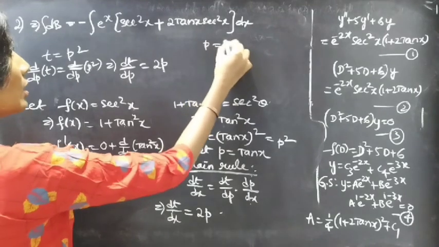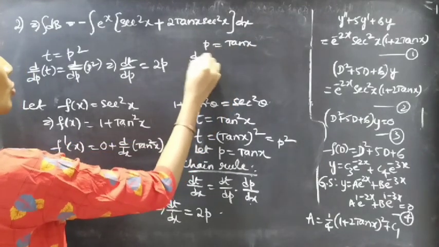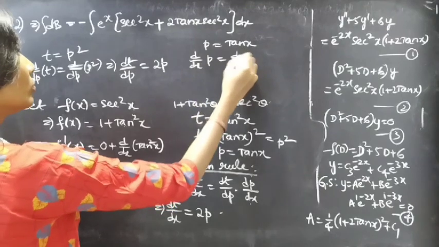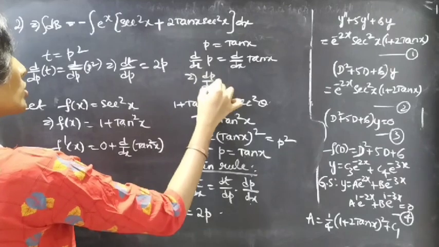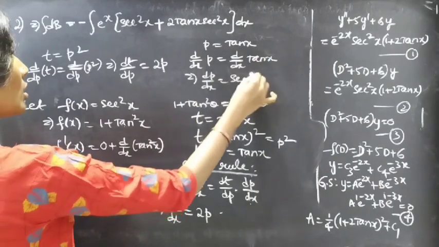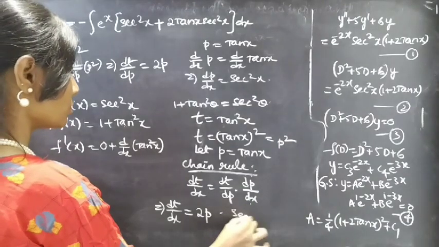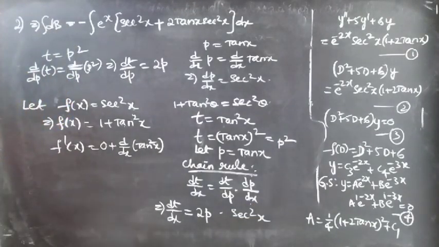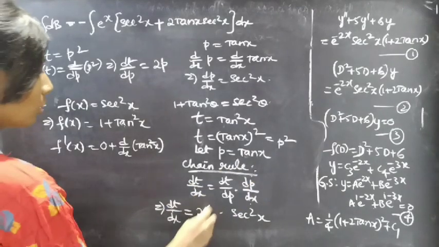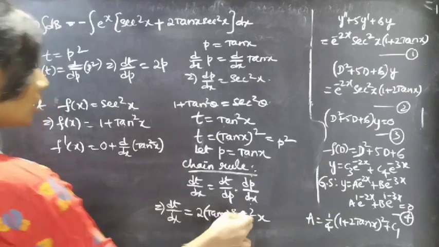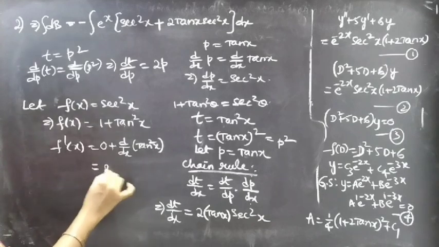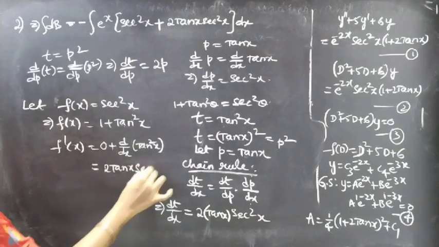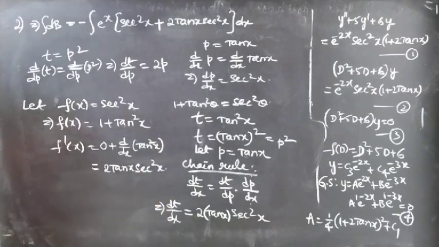We have p equal to tan x. Now I'll differentiate both sides with respect to x. We'll get dp by dx equals the derivative of tan x with respect to x, which is secant square x. And now you can replace p with tan x. So you'll get 2 into tan x into secant square x, simply 2 tan x secant square x, right?